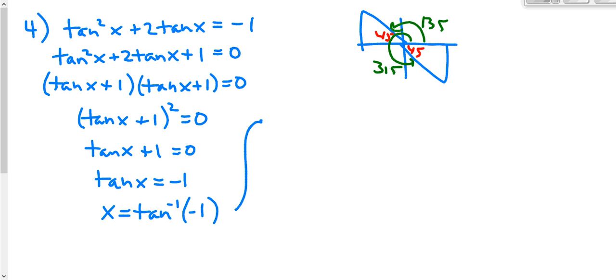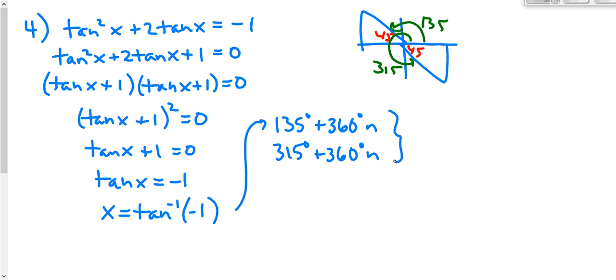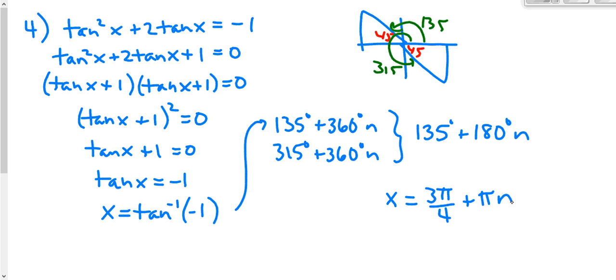So we have 135 plus 360n and 315 plus 360n. Now these are just 180 apart, so we can consolidate it into 135 plus 180n, and that will account for all of them. And then we'll change to radians, and we get 3 pi over 4 plus pi times n. There we go.